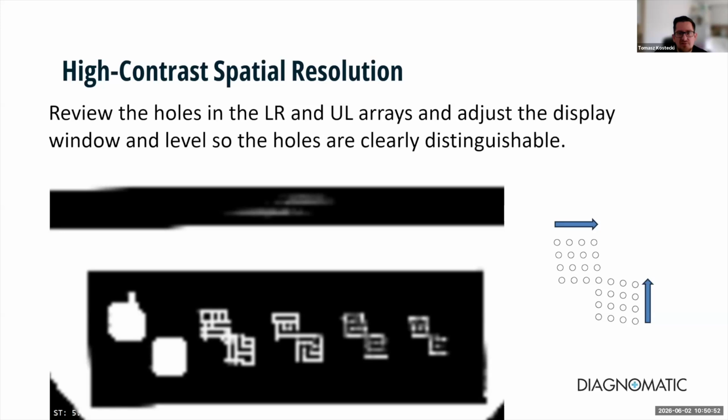The UL array is used to assess resolution in the right-left direction, while the LR array is used to assess resolution in the top-bottom direction. So in practice, we check both directions to confirm that the spatial resolution is stable.